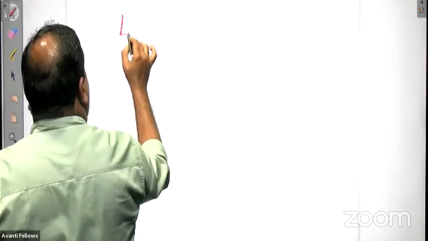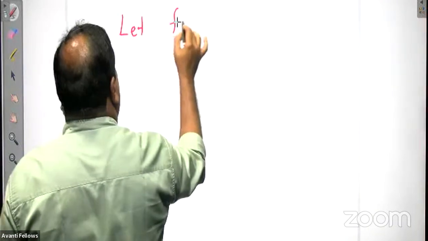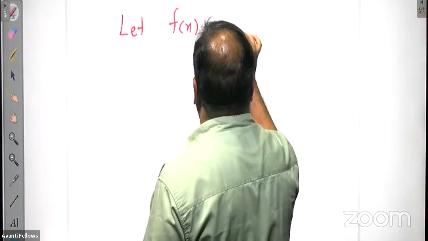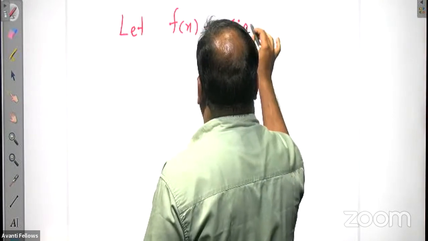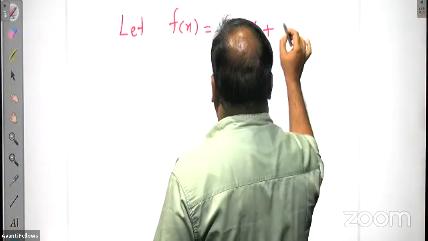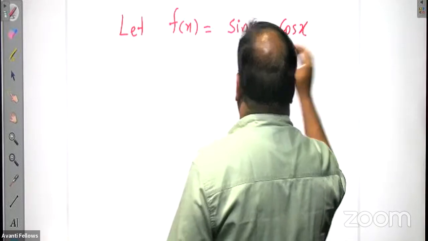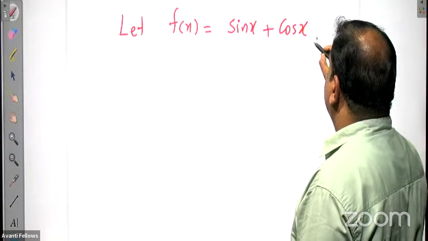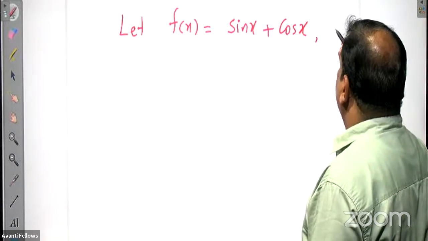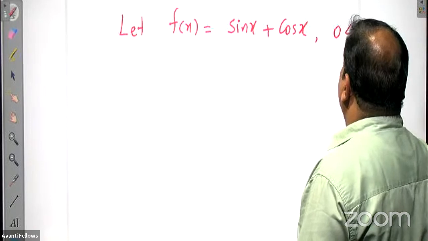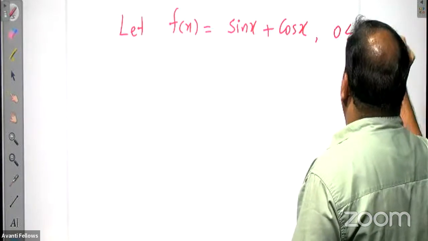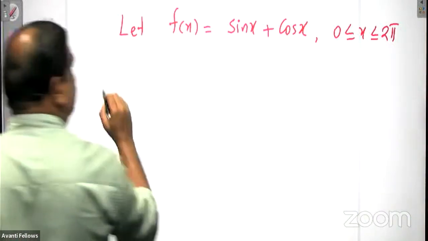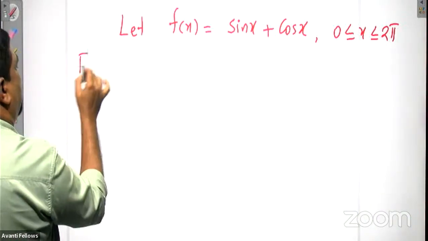So let us write another question. Let us take f of x equal to sin x plus cos x, where 0 less than or equal to x less than or equal to 2 pi. The question is the same.